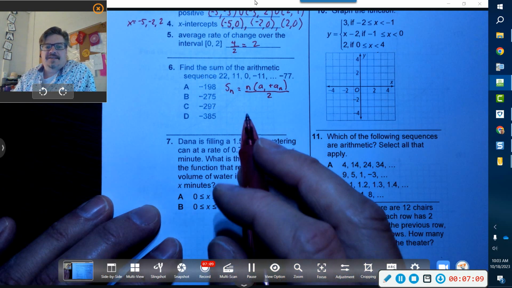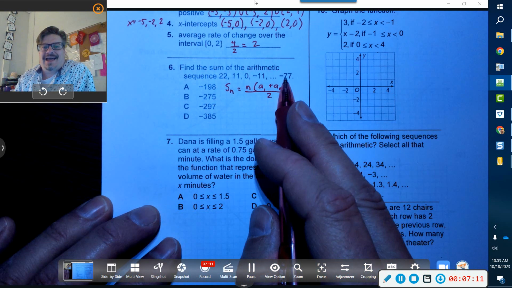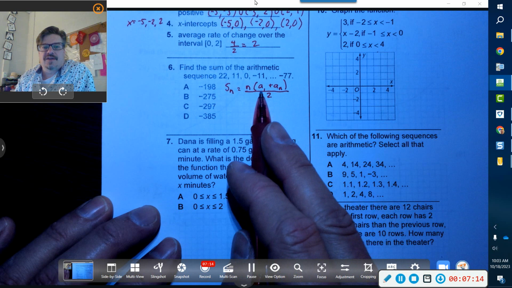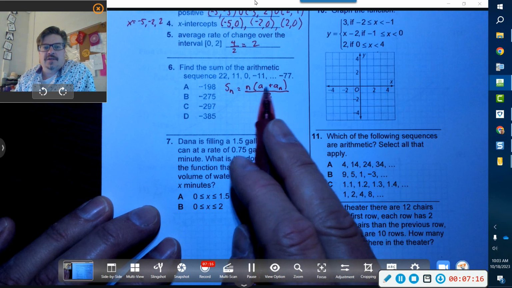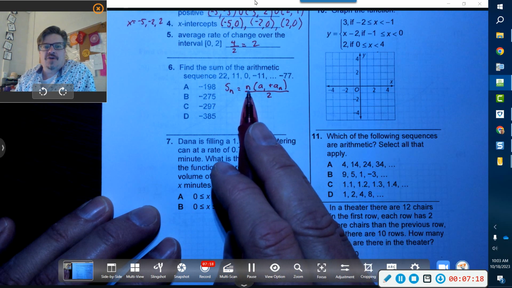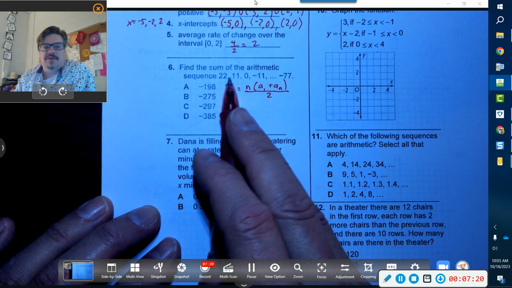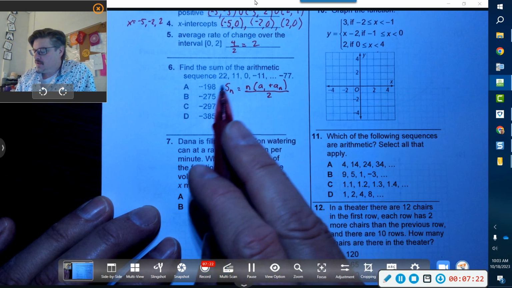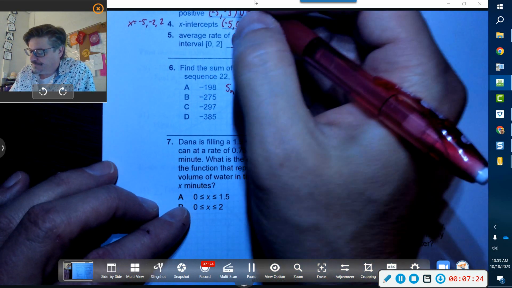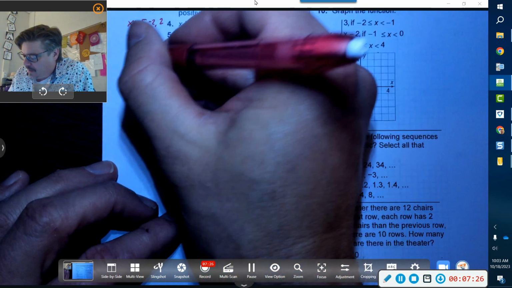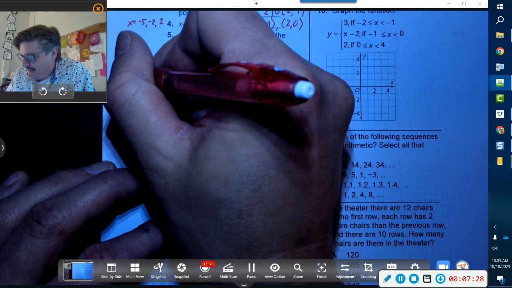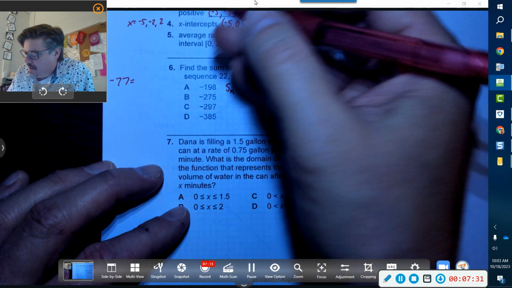All right, so I see that my first term is 22 and my last term is -77. But I don't know how many terms are in between here. So what I have to do is figure out what my n is. Like how far did I go?